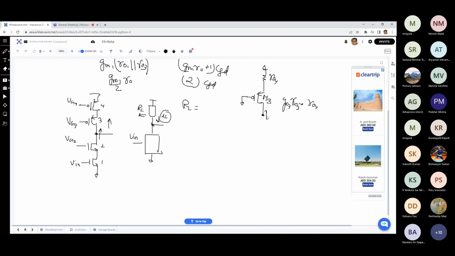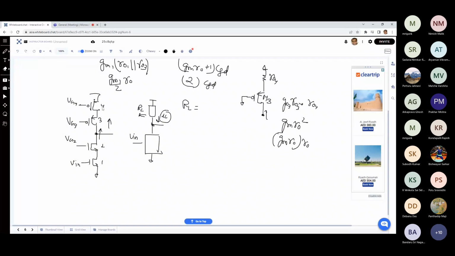If I talk about RO being equal, then it will be GM RO square. So if I just talk about relative value, it is of the order of GM RO square. Fine. So that is a large impedance, right? As compared to RO, we are getting GM RO times RO. So there's a boost of R. That is good.